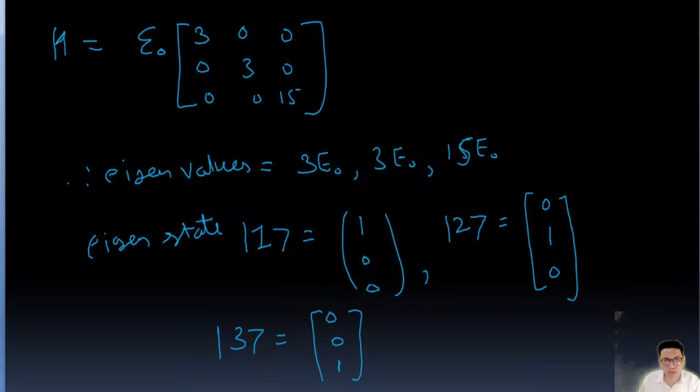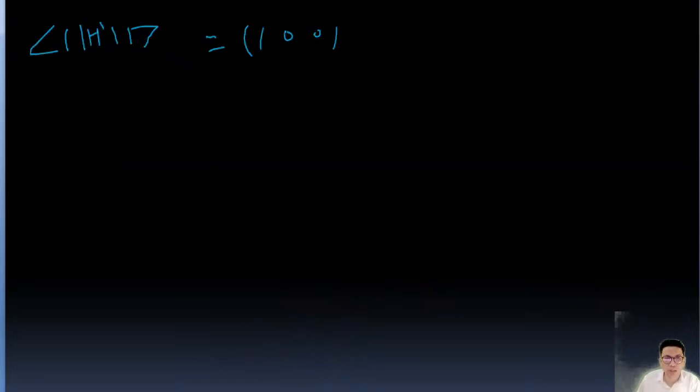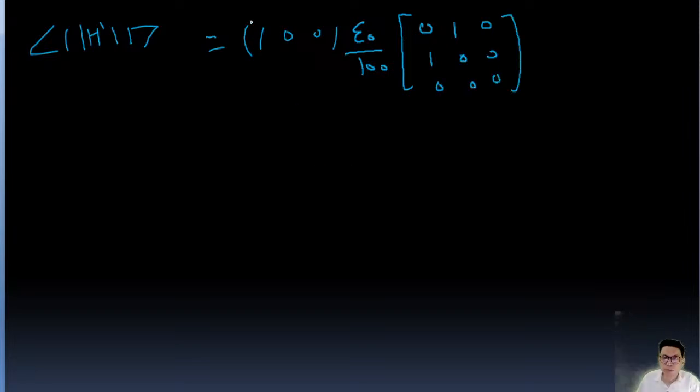Similarly this, you know. And the value of H' we know, E0 upon 100 times the matrix (0 1 0), (1 0 0), (0 0 0). And the value of |1> is (1 0 0).